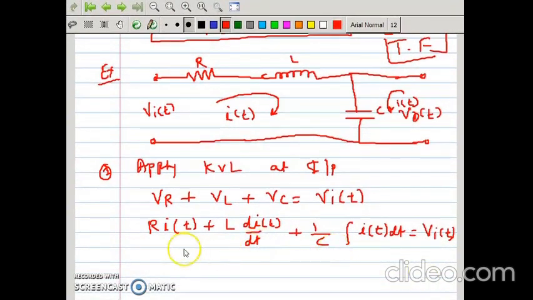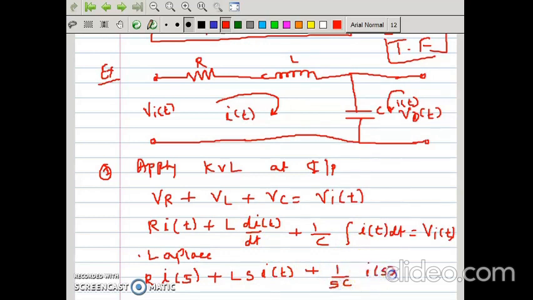Now when we take the Laplace transform on both sides, R we take outside, so I of t becomes I of S, plus L S I of S, because the Laplace of a derivative is S, plus the Laplace of integration is 1 upon S, so 1 upon SC, I of S is equal to VI of S, because all t terms are converted into the S form.